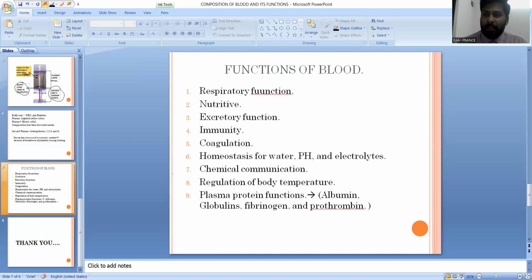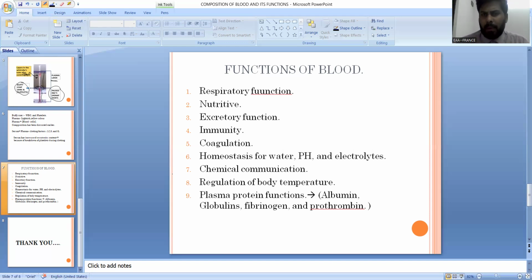And coming to excretory function, the metabolic waste of our body, what happens to them? The nitrogenous waste, such as creatinine or urea, travels in the blood and reaches the kidneys. And in the kidneys, they get excreted out, right?